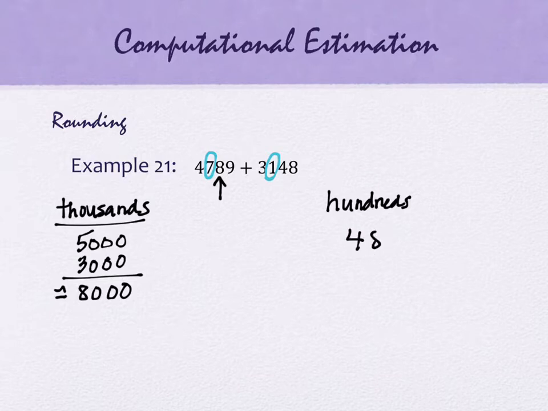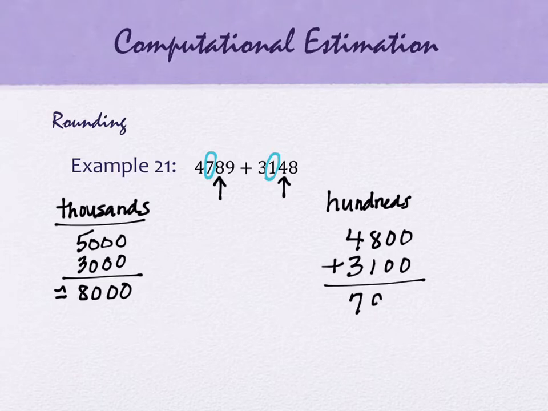So this would be 4,800. The next one, this is a 4 after the 1, right? So since it's 4 and down, we'll round down. So this will be 3,100. 4,800 plus 3,100 is 7,900. And of course, we would expect that these answers would be very close together, at least pretty close, right? 8,000, 7,900, pretty close together.